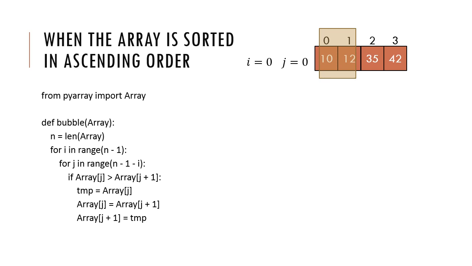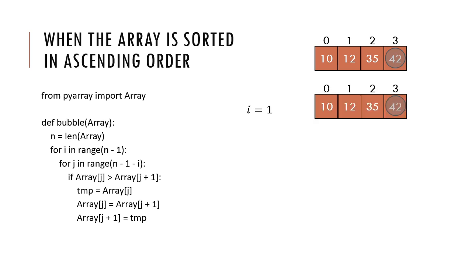No swap is required. j equals 1. We compare 12 and 35. No swap is required. j equals 2. We compare 35 and 42. No swap is required. 42 has bubbled to its correct position.